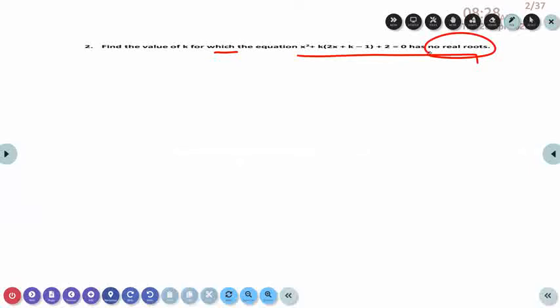So first of all we should know what is the condition for no real roots. So the roots will be not real when the discriminant is less than 0. So the condition for no real roots is D less than 0. So let us first of all see the equation.